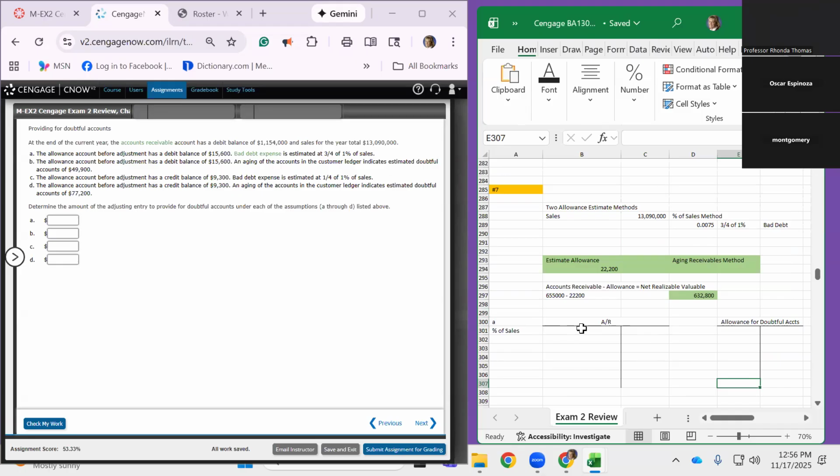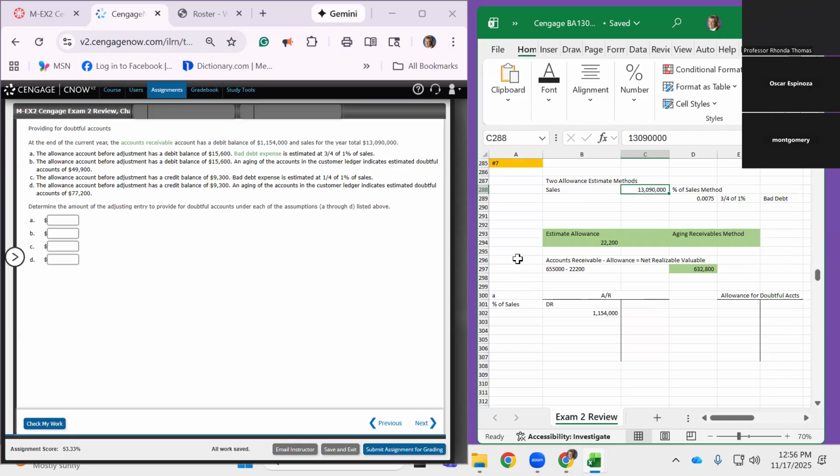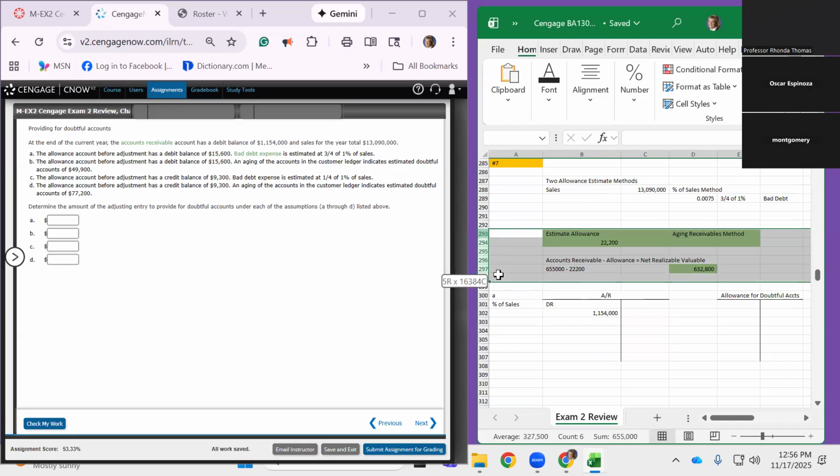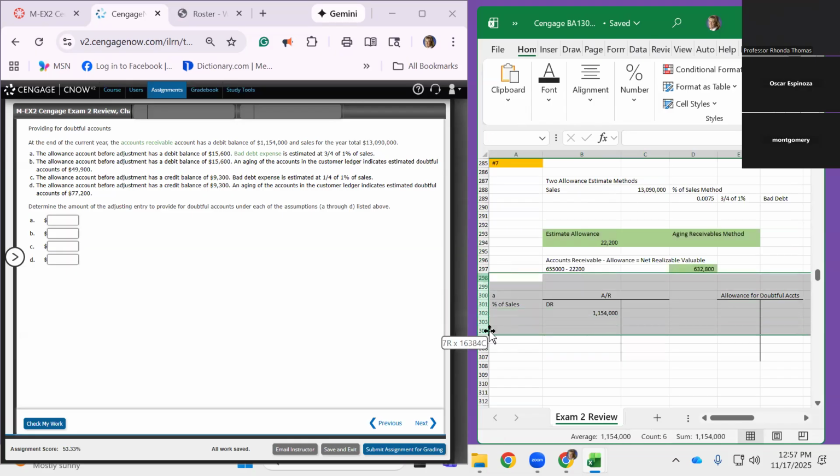Oh, and here's the debit balance, by the way, in the account. It doesn't really matter. 1,154,000. And once again, our sales are 13,090,000 for this problem. And I'm going to make some more room here.